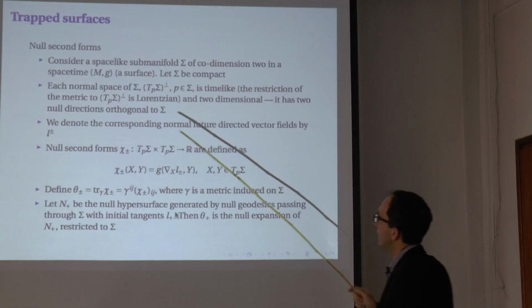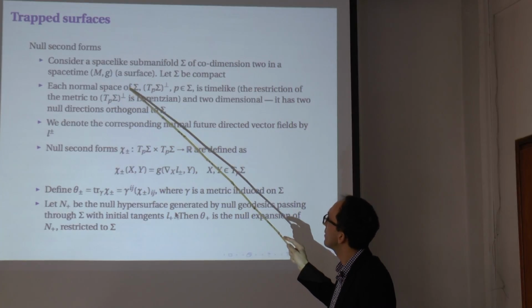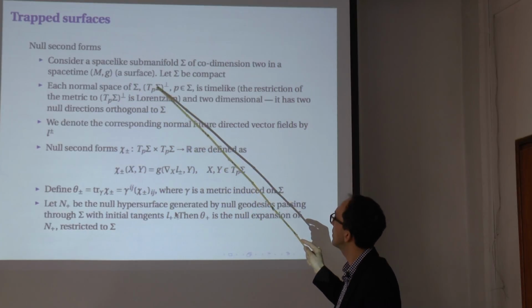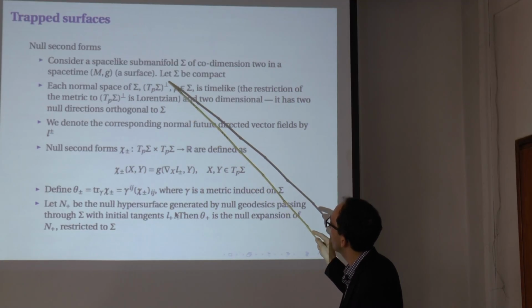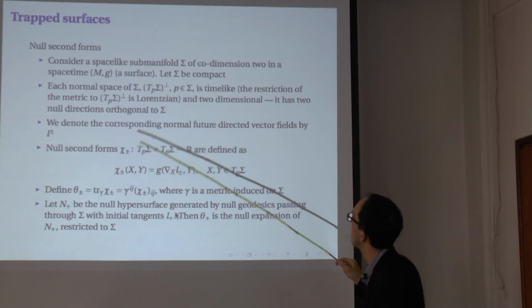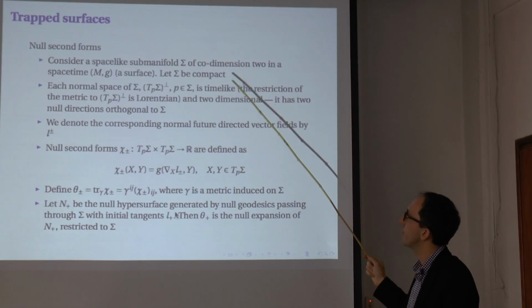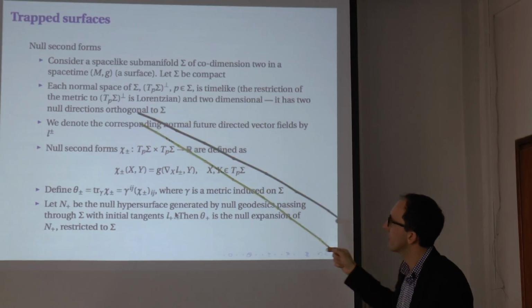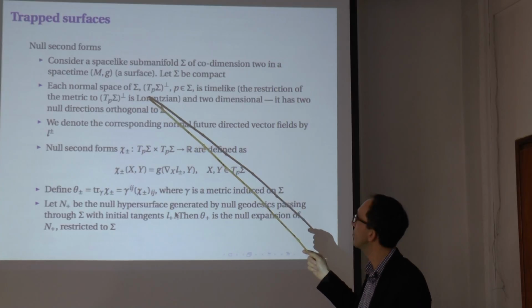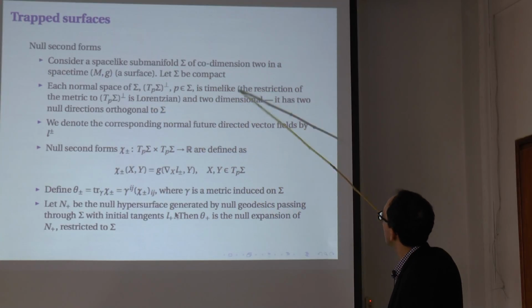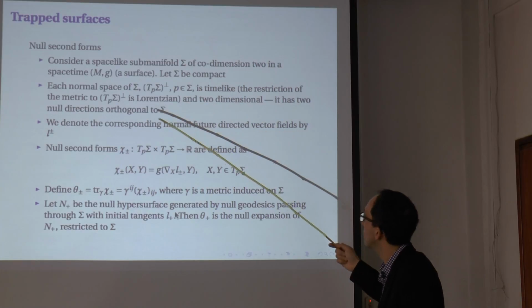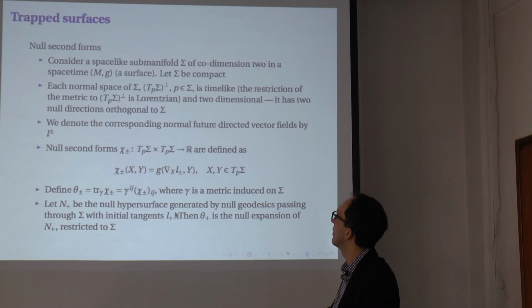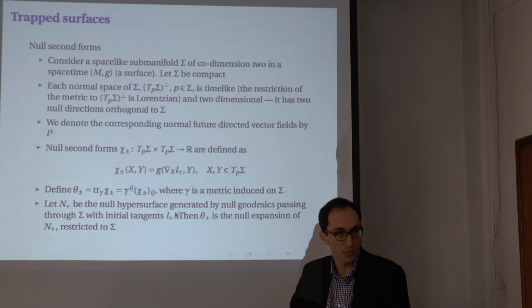Then each normal space of sigma, so basically the space that's orthogonal to the tangent space, is time-like. So the restriction of the metric to this space is simply Lorentzian, and because of the dimensionality, it's two-dimensional, and it has two null directions which are orthogonal to sigma.